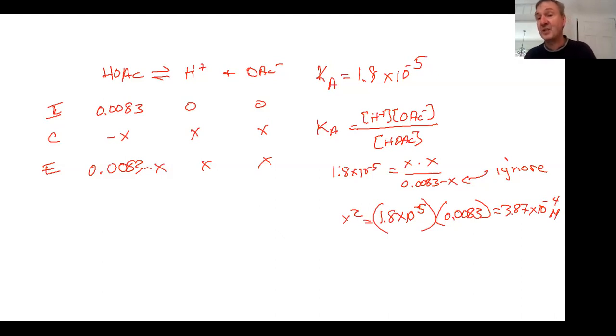If that was HCl, we would know that the pH was the minus log of the proton concentration, and the proton concentration would be 0.05. That'd be very acidic.